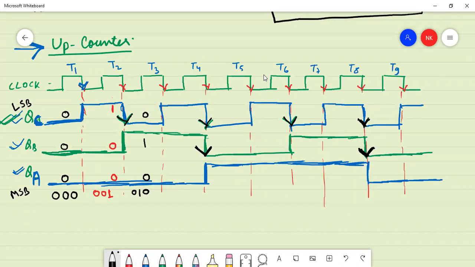Next 0 1 1. Okay, next 1 0 0. Next 1 0 1. Next 1 1 0.